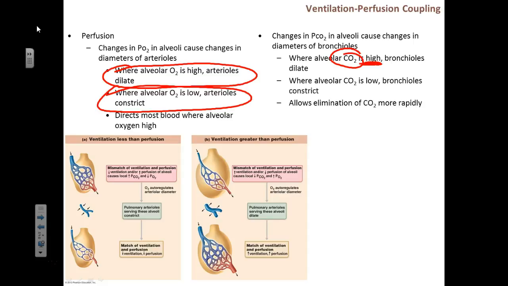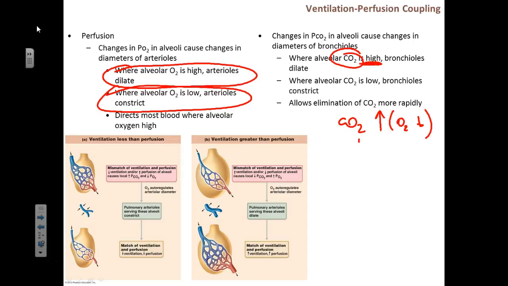Yeah, the breathing, the ventilation. So when CO2 goes up, which automatically means oxygen goes down, respiratory passages that direct air to that particular part of the lung will become wider, okay? So we can put it this way. CO2 increases, and in parentheses, oxygen decreases. Does that make sense so far?